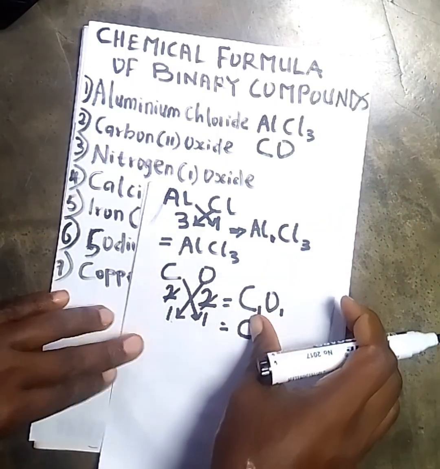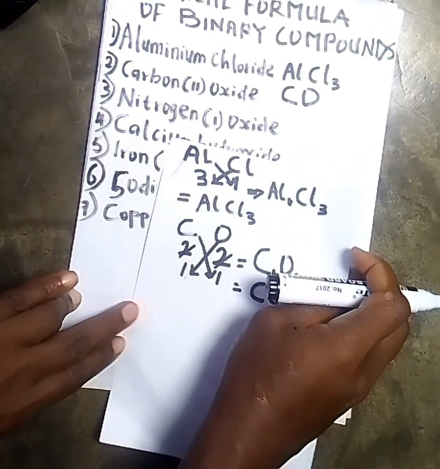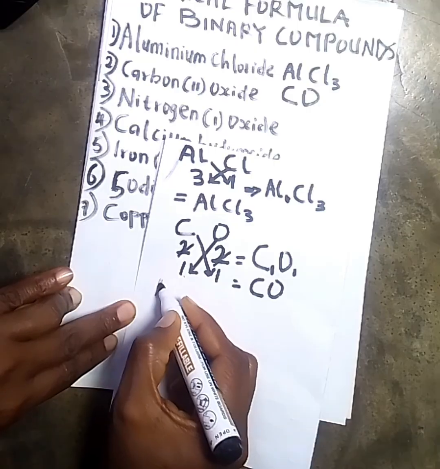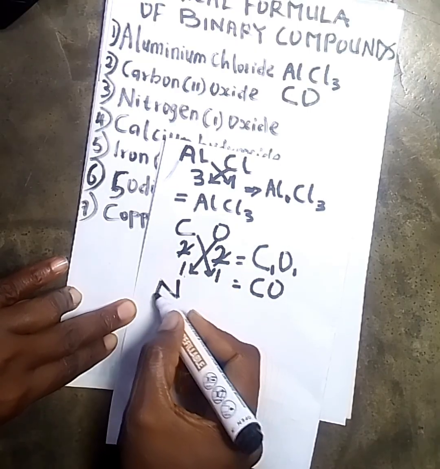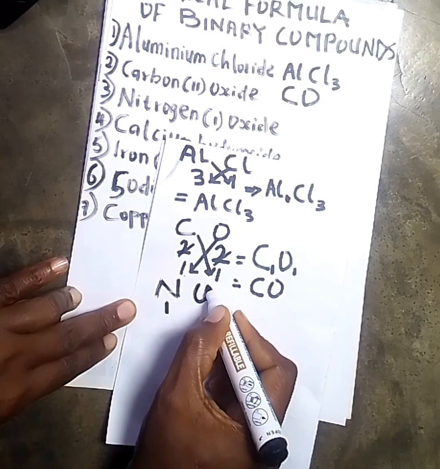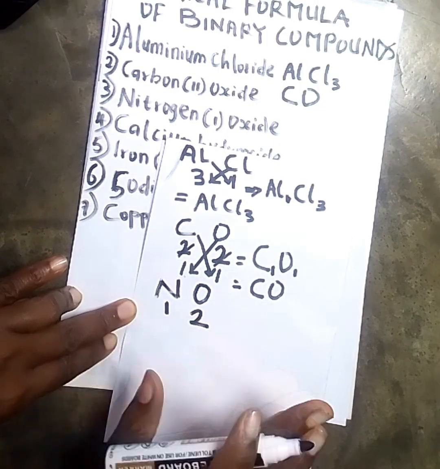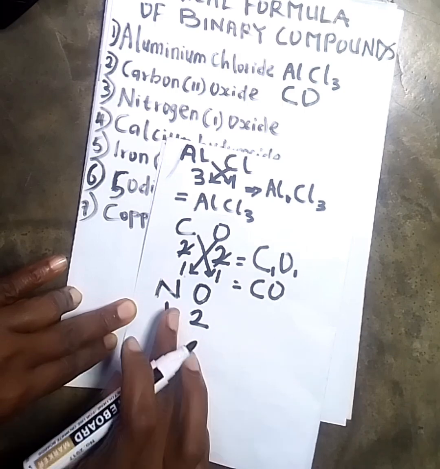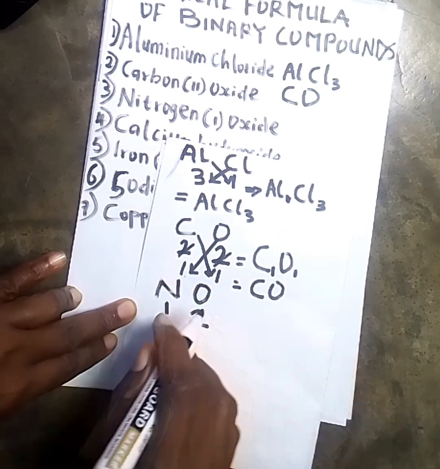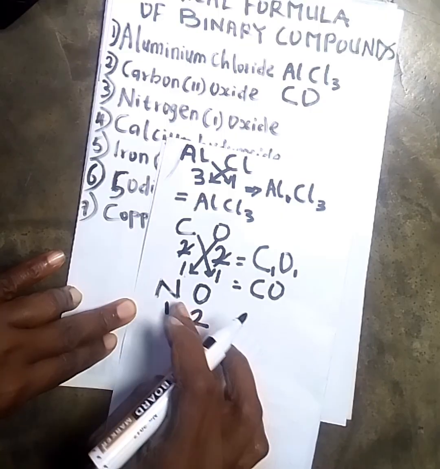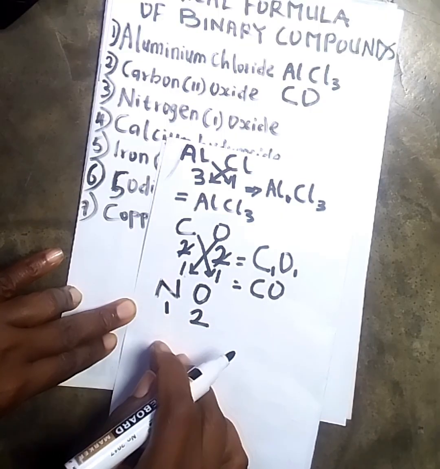So the third one here is nitrogen 1 oxide, meaning that nitrogen has a variable oxidation state and it is 1. Nitrogen 1 oxide. Oxygen is 2. Can they divide further? No, they cannot divide further. If I want to name this, nitrogen 1, okay, and if I want to write the formula, I will use this one because here they cannot divide further.